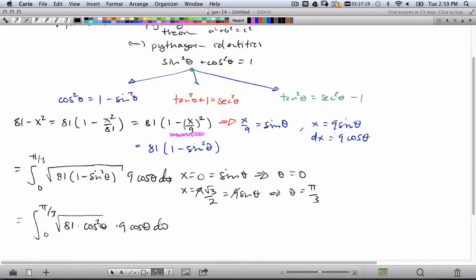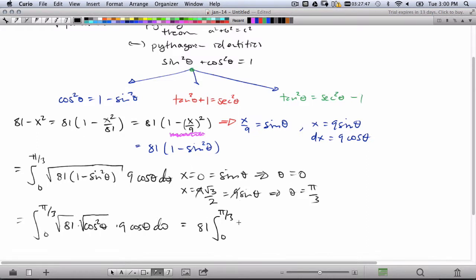The square root of a product is the product of the square roots, and so we can split this into two square roots. The square root of 81 is 9, and this 9 will come out in front, but there is also a 9 here, and so this 9 will be multiplied by the first, and we'll have 81 out in front, from 0 to pi over 3.